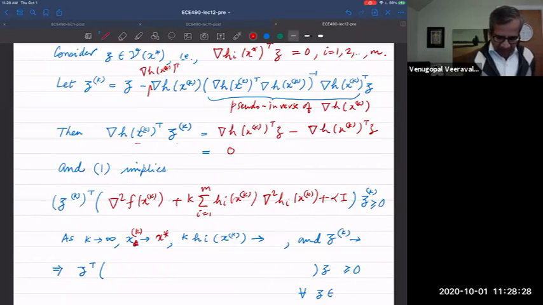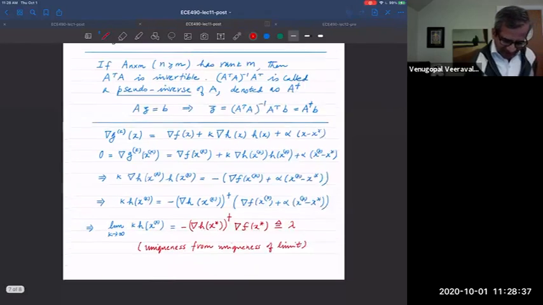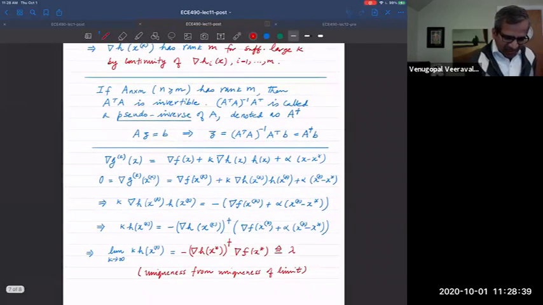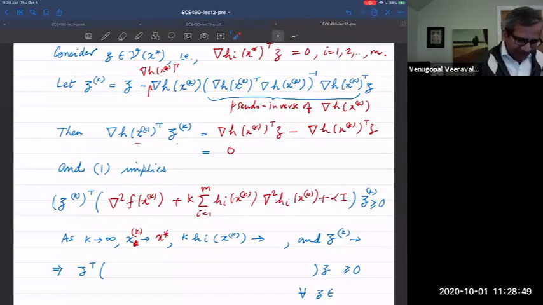Now, k times h_i of x^k, let's go back to lecture 11. We showed that k times h of x^k goes to the lambda vector. So if you look at the ith component, it goes to lambda_i.